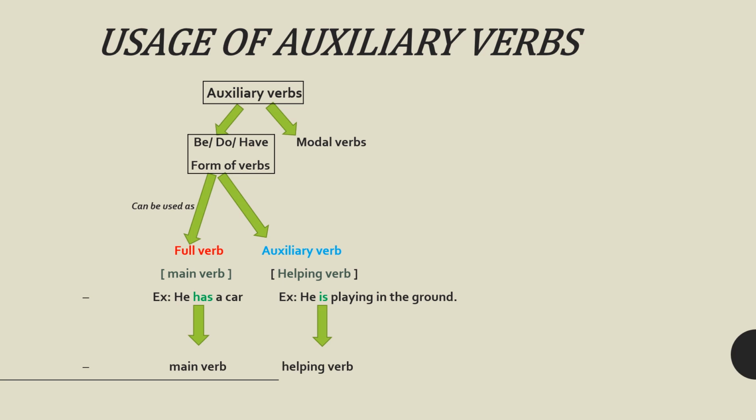In the first example, has is a main verb, whereas in the second example, is is acting as a helping verb. It shows the formation of tense.